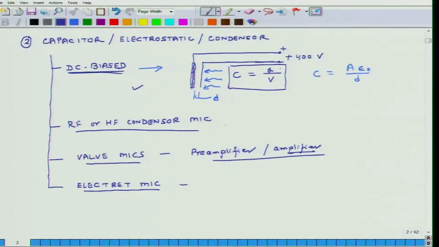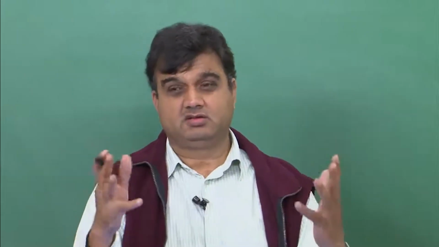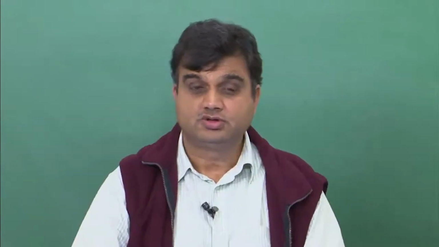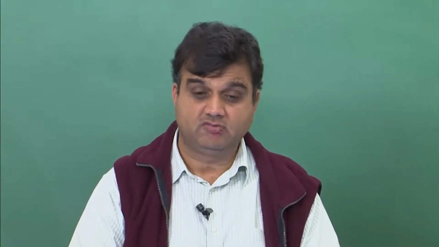But here, because the charge is locked in, it has nowhere to go. So these are fairly stable systems over a period of time, more resistant to humidity and environmental changes.